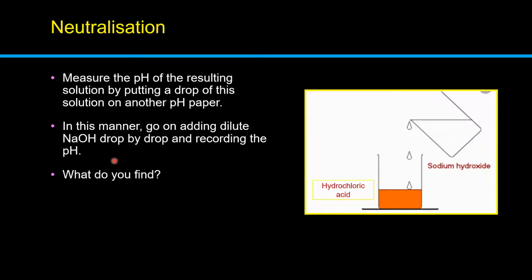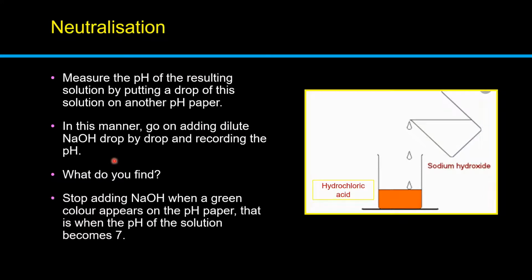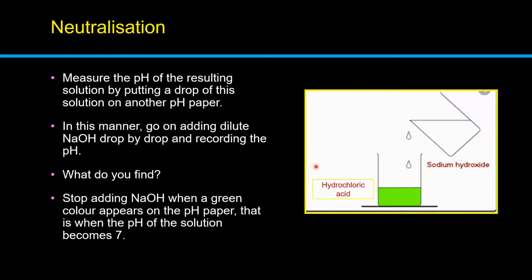Hydrochloric acid is highly acidic. Sodium hydroxide is basic. So we can expect a reduction in acidity. Once you see green color on the pH paper, you stop adding NaOH. Green color is the point where the pH is 7, that is when it becomes neutral.